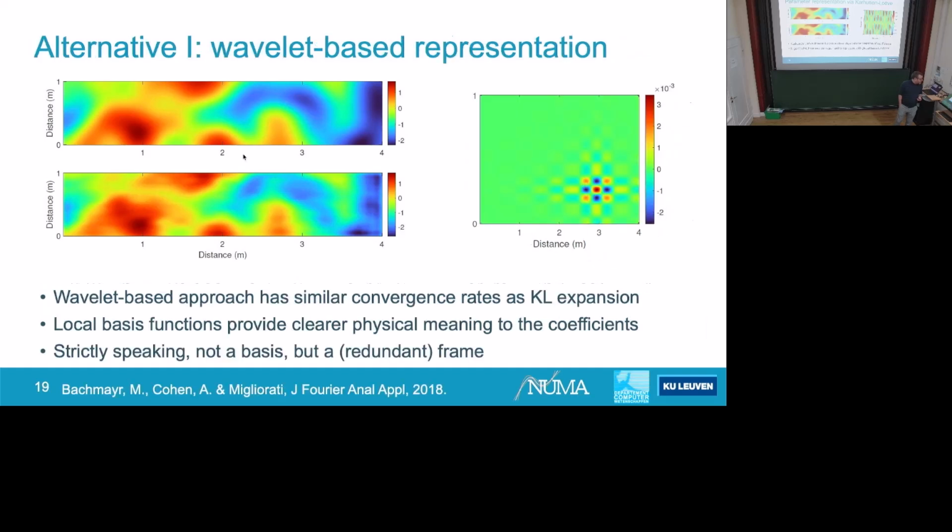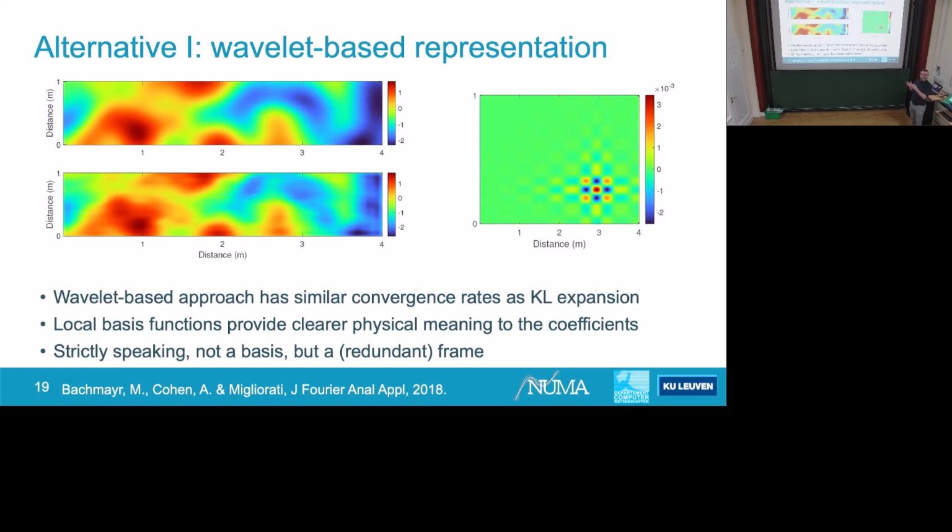So we looked into 3 different parameter representations. One was the KL expansion. The second one is a wavelet-based representation. And you see here one of these basis functions. So it contains some localization. So you know what wavelets are. They are oscillating functions.